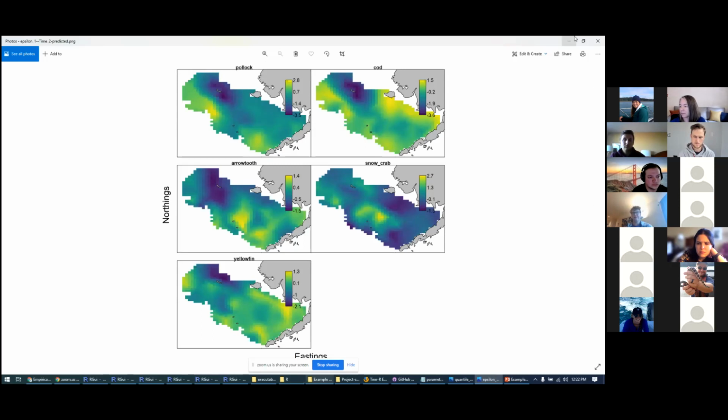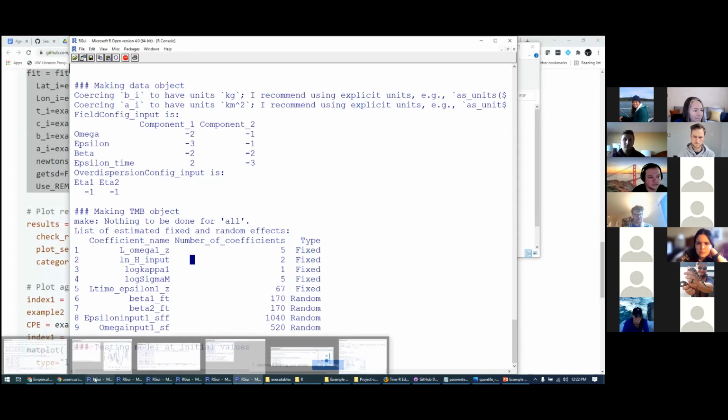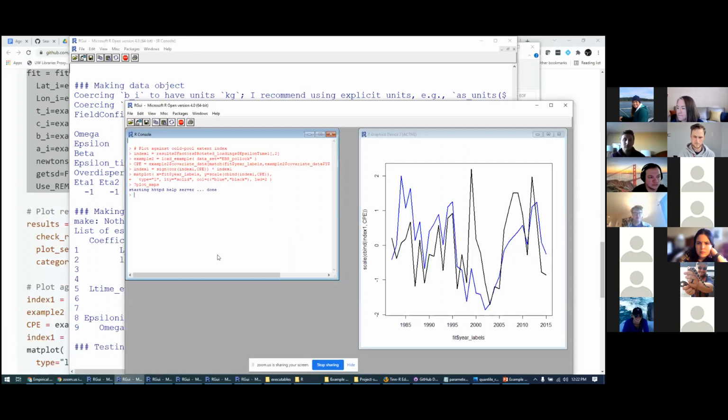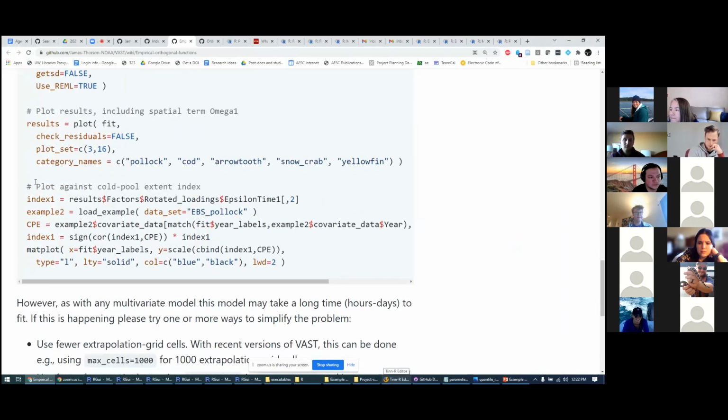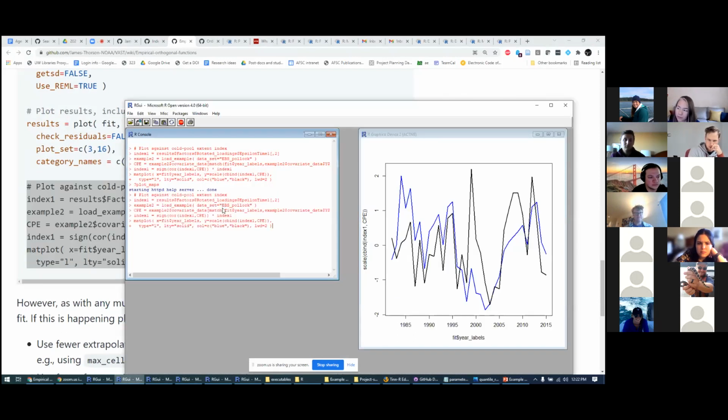So the second one, as it turns out, similar to this, is the terminal where I ran the model. I plot that mode of variability against the cold pool extent, without trying to do any real statistics about this.